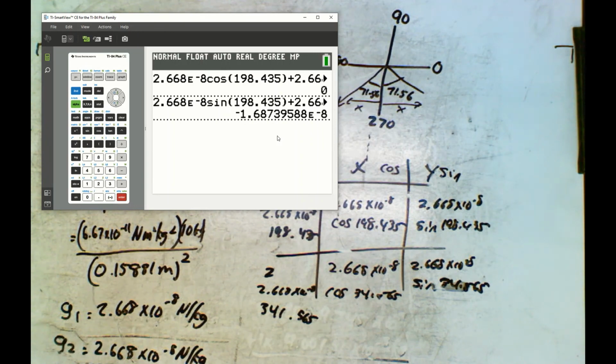And we get that it is going downwards, which makes sense. It's going downwards at 1.68 times 10 to the negative 8 newtons per kilogram. Actually, it would be 1.69. There you go, and that's it.